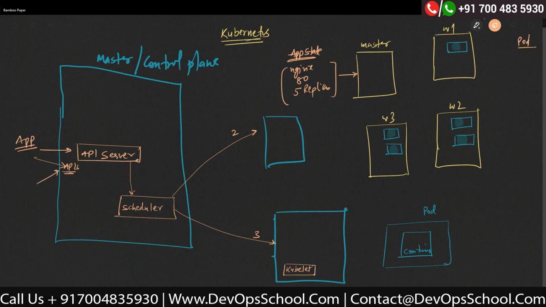contact@devopsschool.com. And kubelet is like an embassy in a country, right? If this is India, for example, and this is Sri Lanka, and this is USA, for example, then if there is an instruction to be executed on those countries, you have an embassy in every country, right?